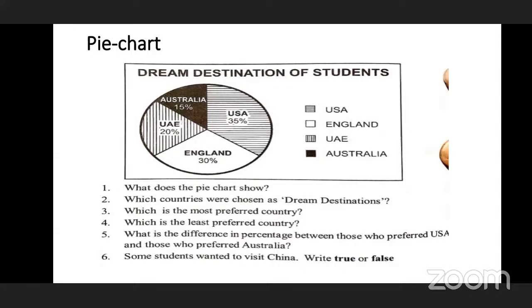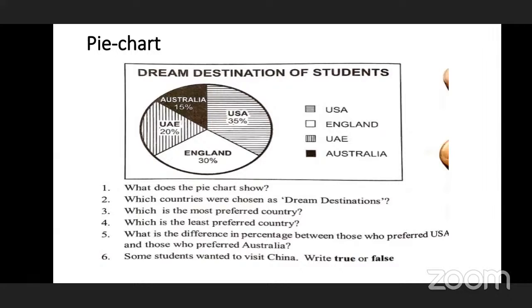Remember the title talks about the dream destination of the students. So, after their education, or in order to study greater degrees, or for their higher studies, where the students are willing to go and get settled, could be for a job or for higher studies.